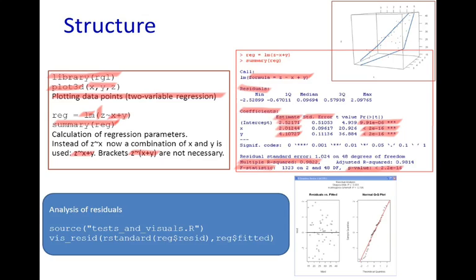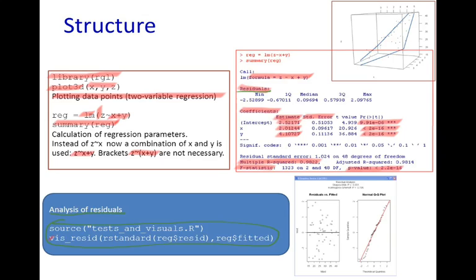As I said, the information on the residuals is a little bit sparse up here, so we want to have a little more. That's why we use our IAS library once more. We can say source tests and visuals.r. There is now also a version for Macintosh available.